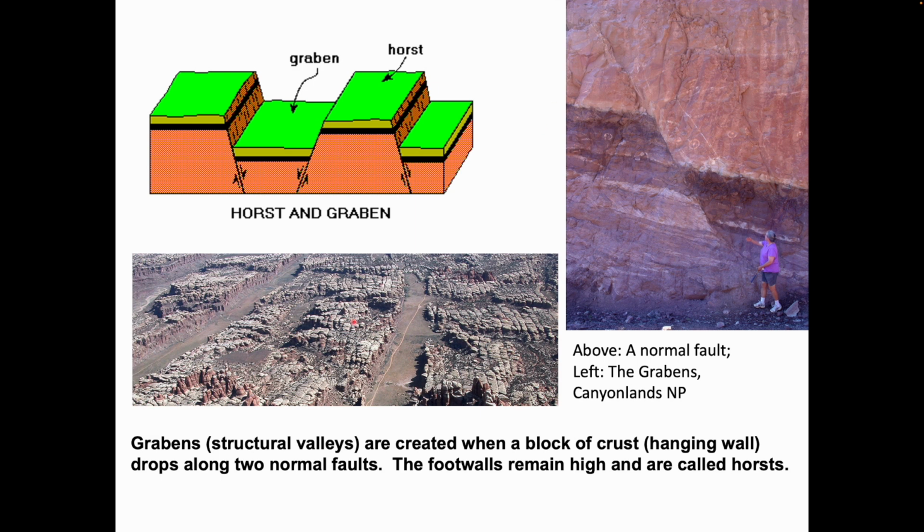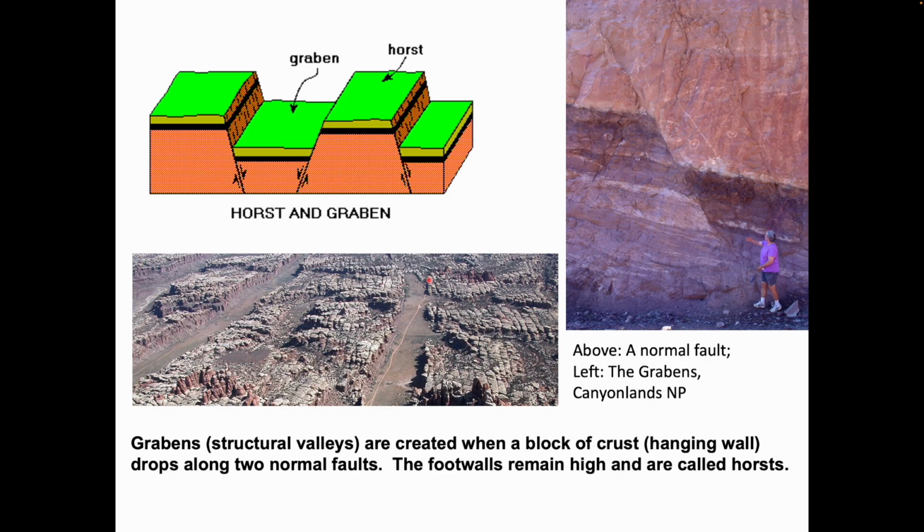On the left, we have an area of Canyonlands National Park called the Grabens, where there has been some crustal upwarping, so it's been thinned because it's been stretched as the land rose a little bit. And as that happened, that created tension in this overlying layer of sandstone.